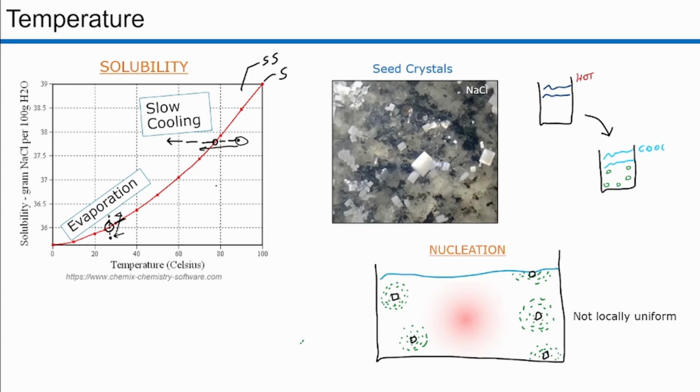And then you form a lot of seeds. It also matters the geometry of your vessel. Maybe your geometry has some spot that favors nucleation, right? Favors the concentration and then the formation of tiny crystals.